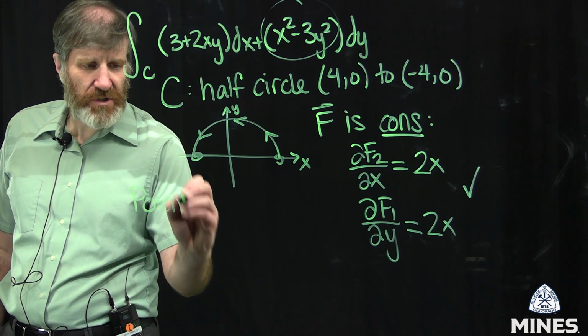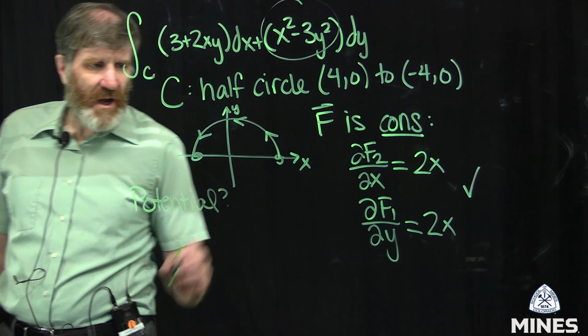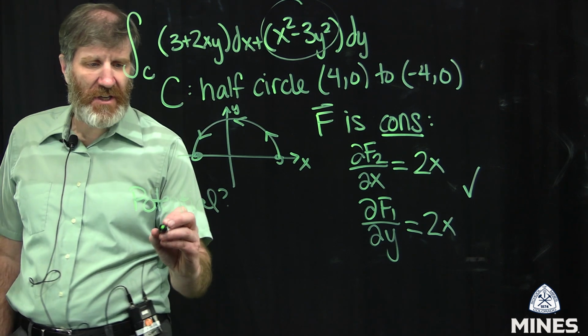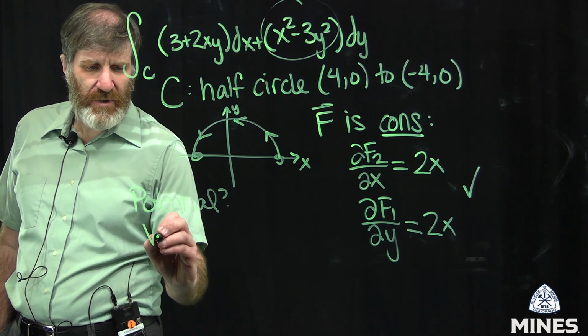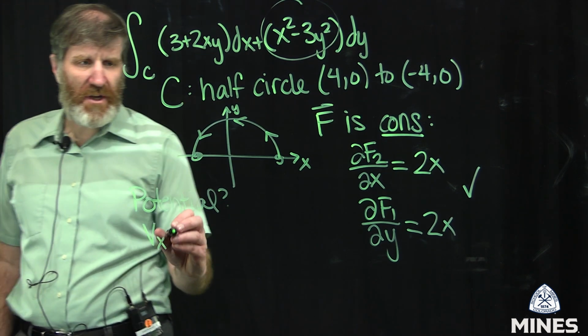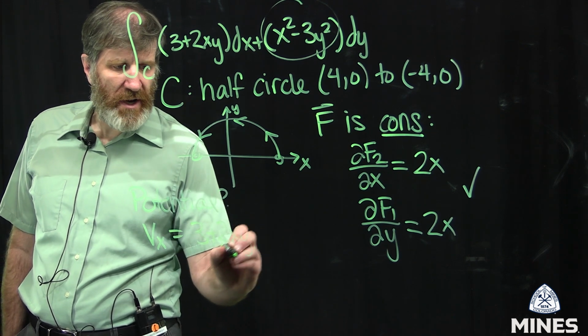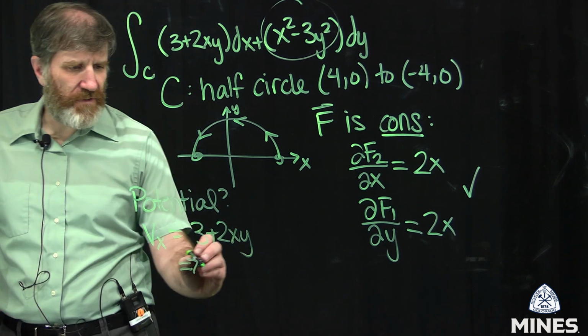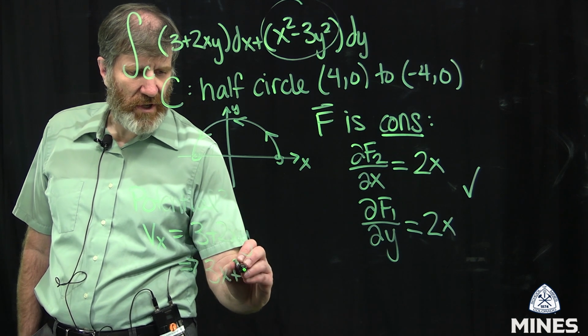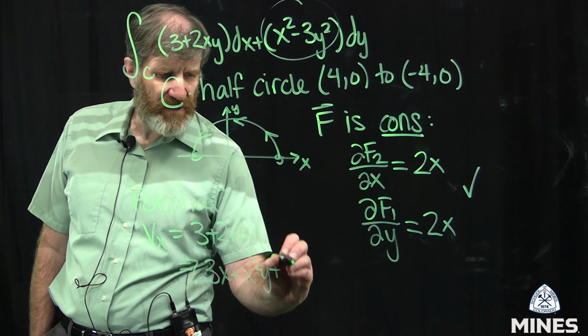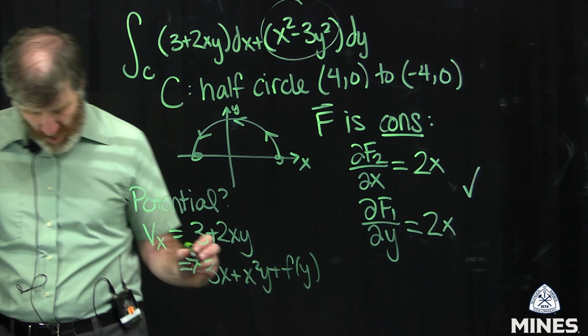So the potential function, I believe this is the same function we did in our video example of how to find a potential function last week, but we have v sub x is 3 plus 2xy. We do an antiderivative in x, and we have 3x plus x squared y plus maybe some function of y.